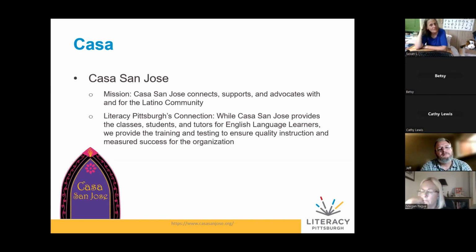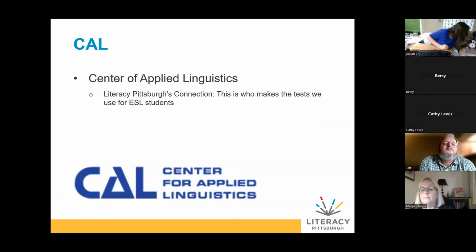But then Literacy Pittsburgh provides training for the tutors and testing for all of the students to ensure that there's quality instruction and that there is measured success for Casa San Jose, so that we both can continue with our funding and serving the community in the best way possible.